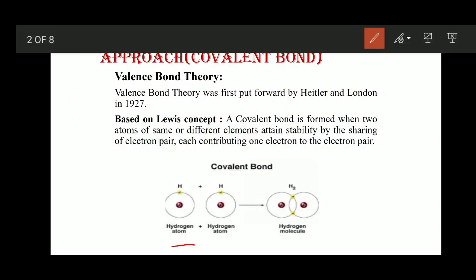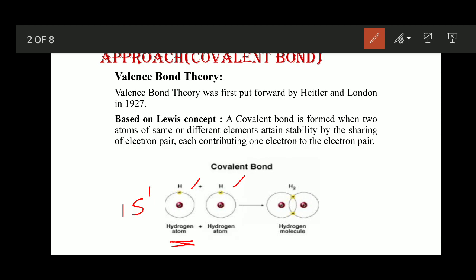Now this is a hydrogen atom. It contains one unpaired electron in the valence shell, that is 1s1, and the second hydrogen atom also contains one unpaired electron in the valence shell.